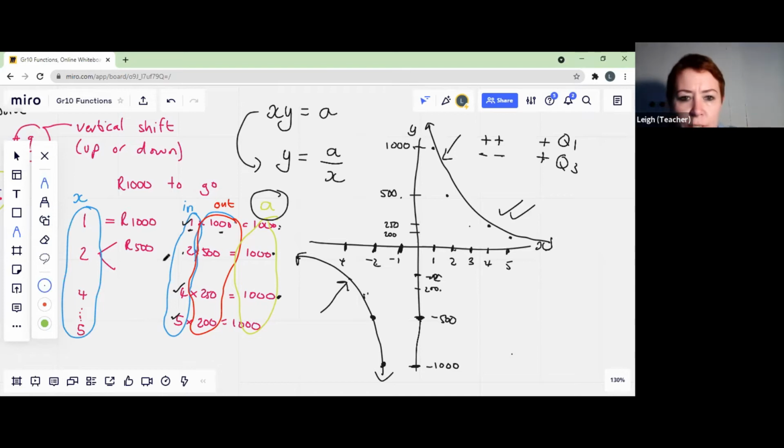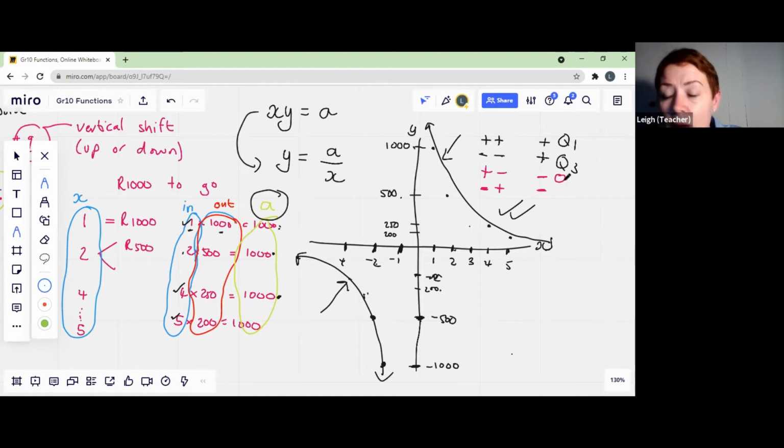So just coming back to this. If I've got a positive times a negative, I get a negative. And if I have a negative times a positive, I also get a negative. So if I have a positive x, correct, that is correct, Sihle. Okay, 100%. When I multiply a positive with a negative, I get a negative.